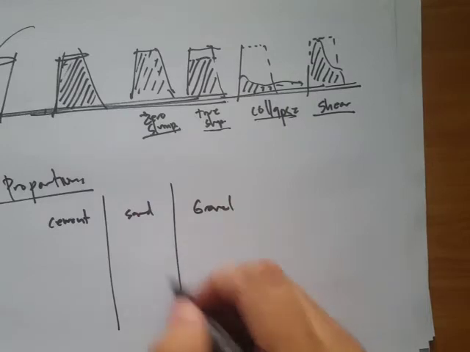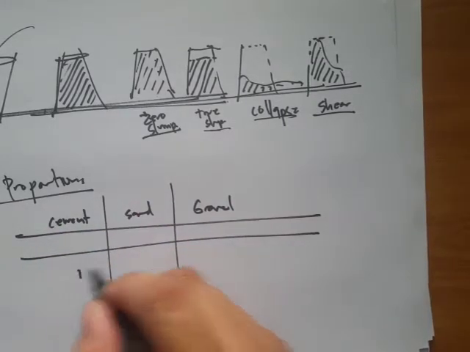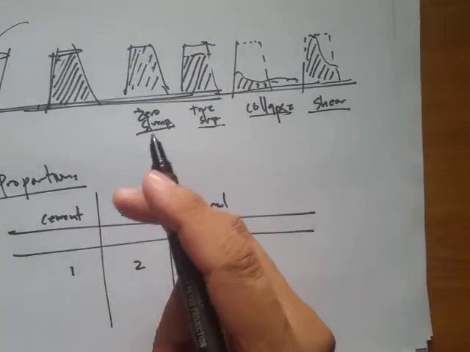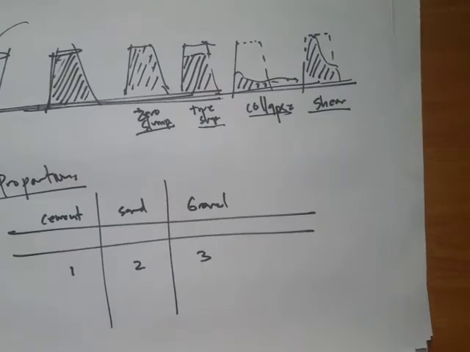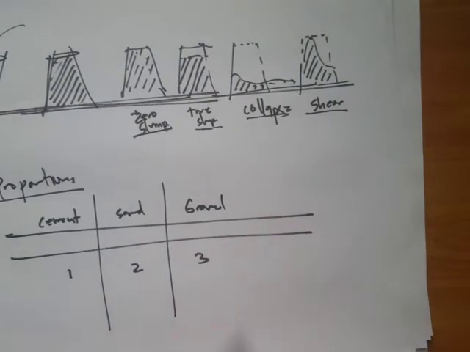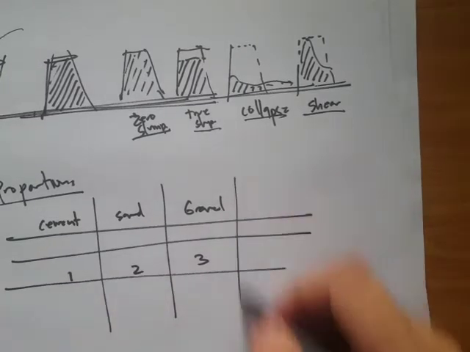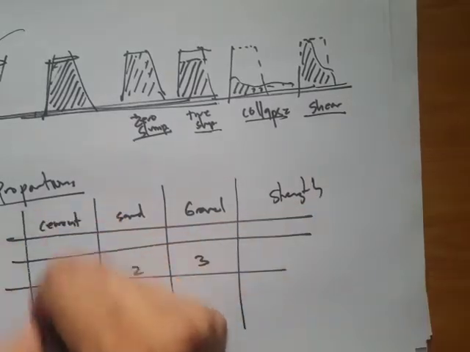If there's going to be a proportion like 1:2:3, meaning one portion of cement, two portions of sand, and then two portions of gravel, then that mix would have a corresponding strength.